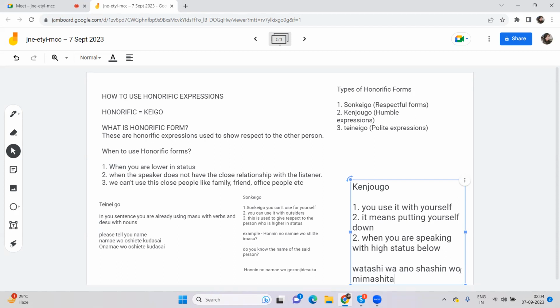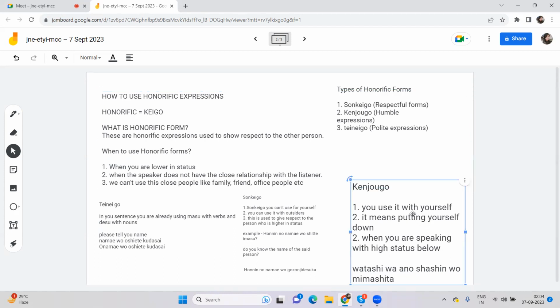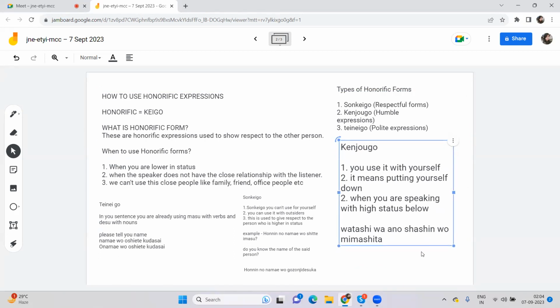As of now, this sentence is very easy. Anybody can tell, this sentence is not critical. Watashi wa ano shashin o mimashita. Now, guys, the main part here is to make this sentence more polite, like putting ourselves down. We use kenjougo. If you check mimasu, mimasu is haiken shimasu.